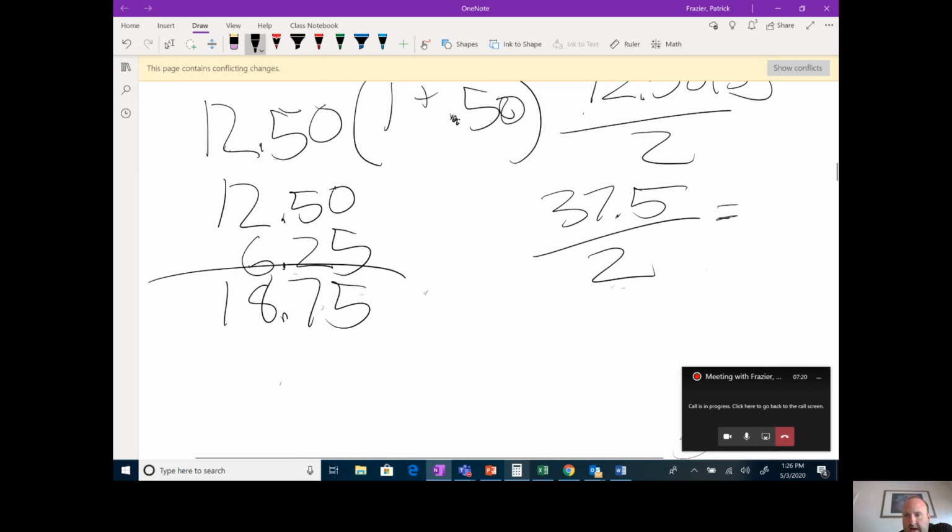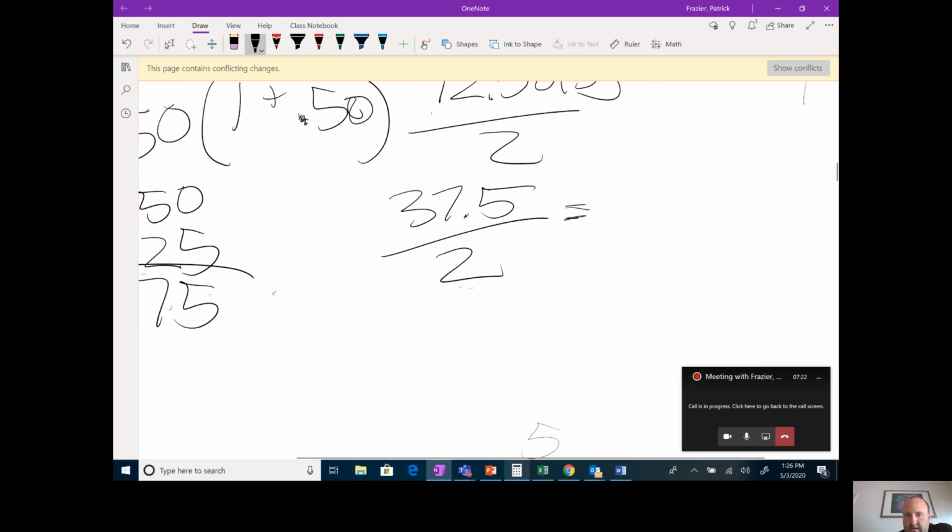And then half of 37, well, 37 is 30 plus 7, so half of 30 is 15, half of 7 is 3.5, so that's 18.5, half of 50 cents is 25 cents, so that's 18.75.